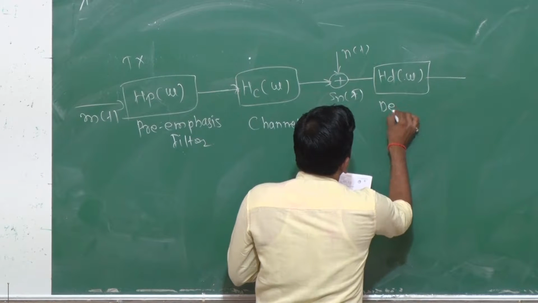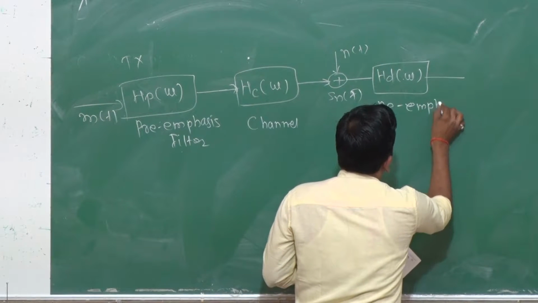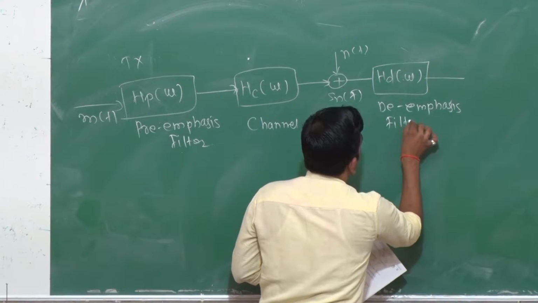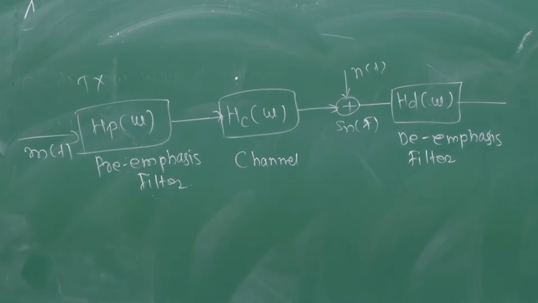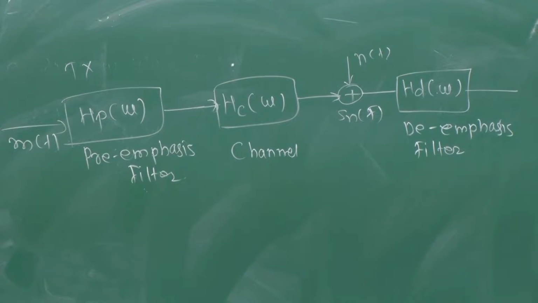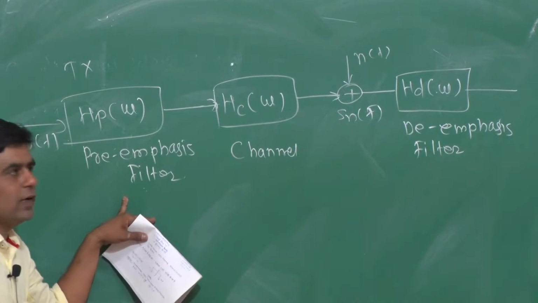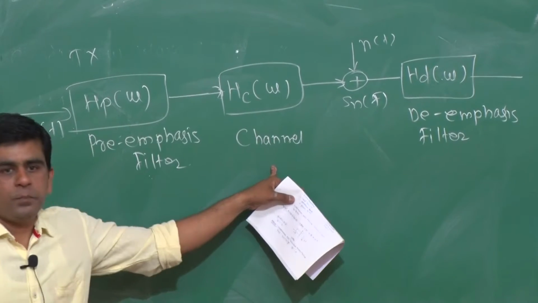This one is the de-emphasis filter. Your desired part is m of t. This is your message signal, which gets modulated at the transmitter part, where we have the pre-emphasis filter.